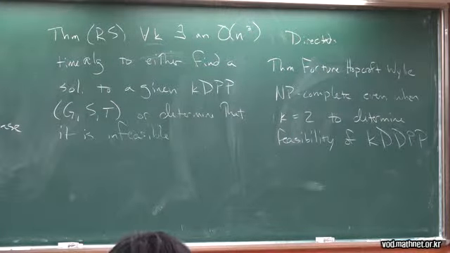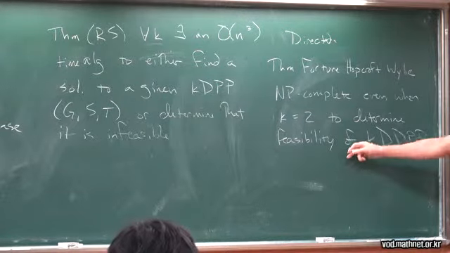So let alone even finding a solution, just the decision problem of determining feasibility is NP-complete for k equals 2.